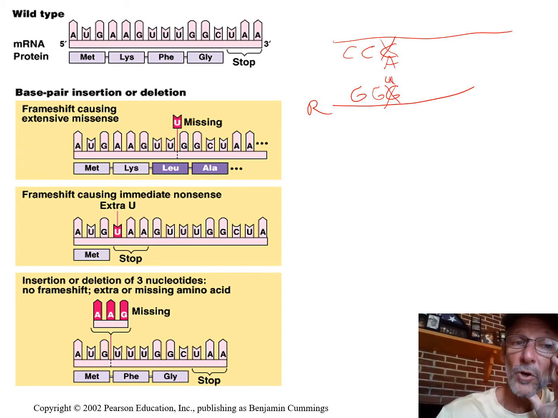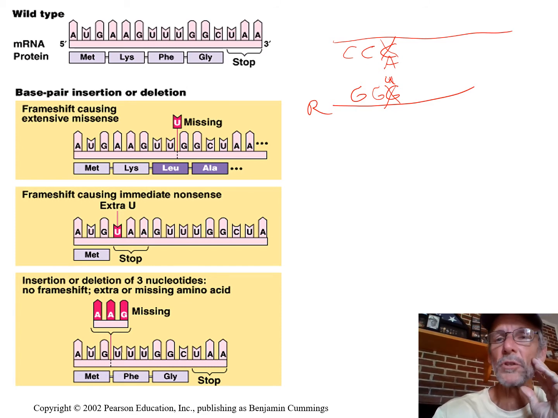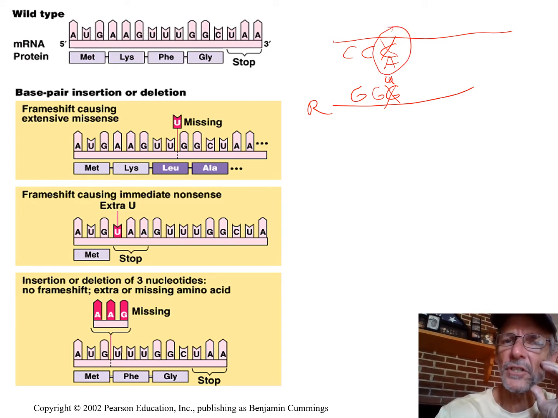Well, I hope I'm right on this. If you look in the chart, GGG and GGU both say put the same amino acid here. So even though you had a mutation, it didn't affect the protein at all because the very same amino acid was put in the protein chain. This kind of mutation is called a silent mutation for that reason.